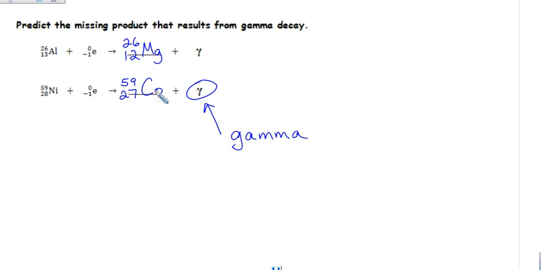I'm capturing an electron and releasing the gamma decay, the gamma radiation. Now this could happen, again, like any of these decays, this could happen successive times until I finally produce a nucleus that is stable.